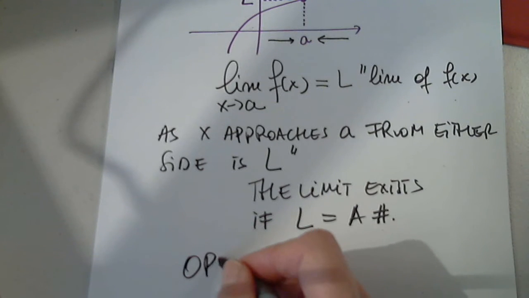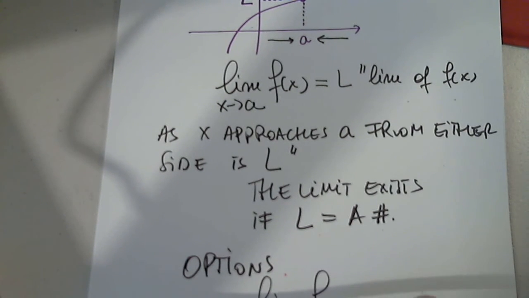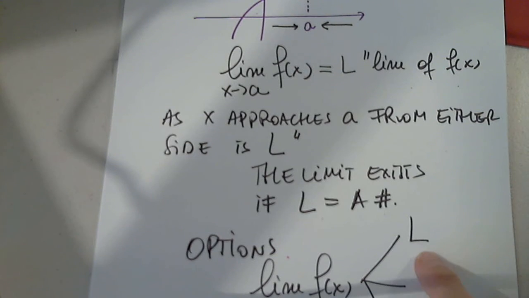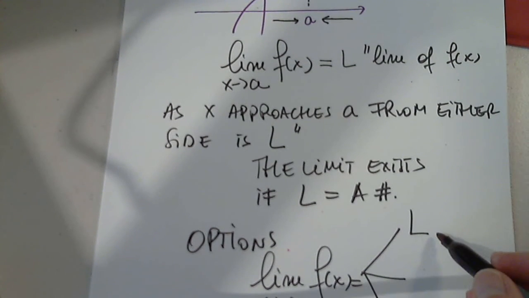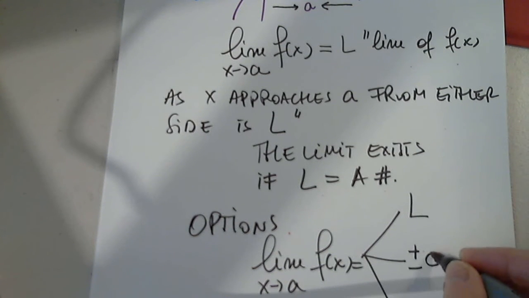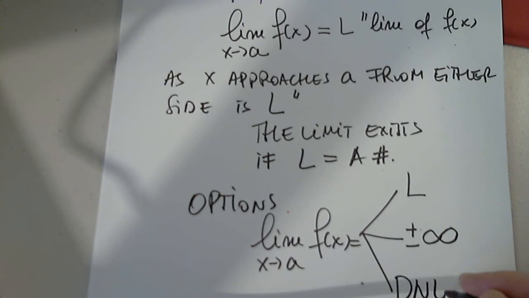So what are the options then? The limit of f of x as x approaches a from either side can be L, which means the limit exists, can be positive or negative infinity, or it can be DNE.